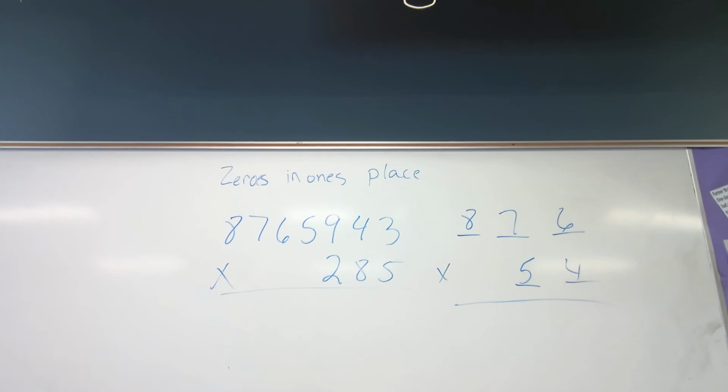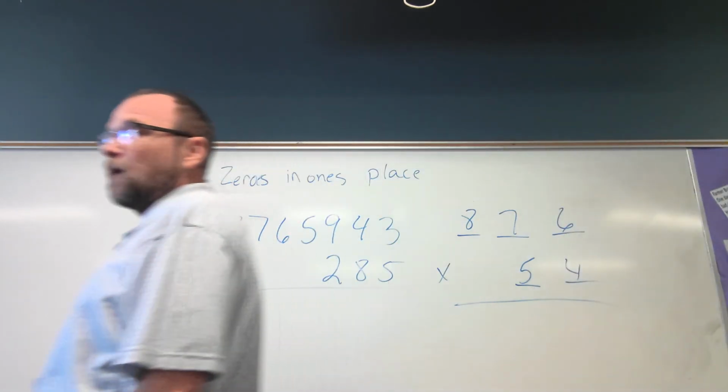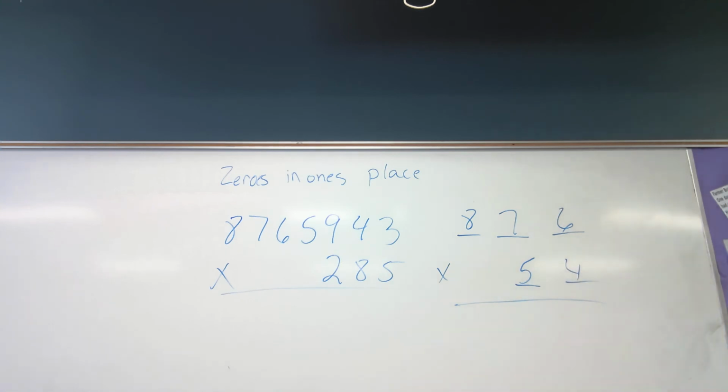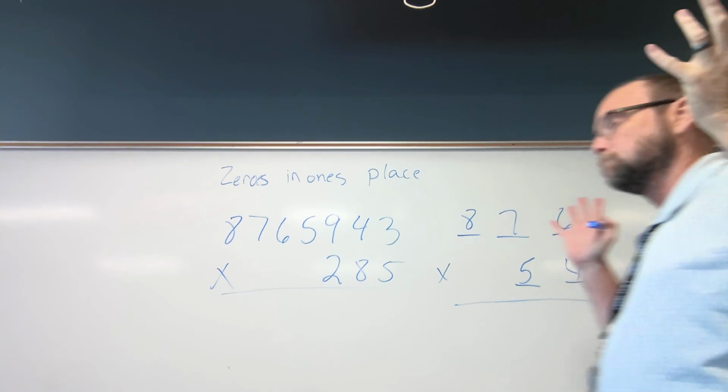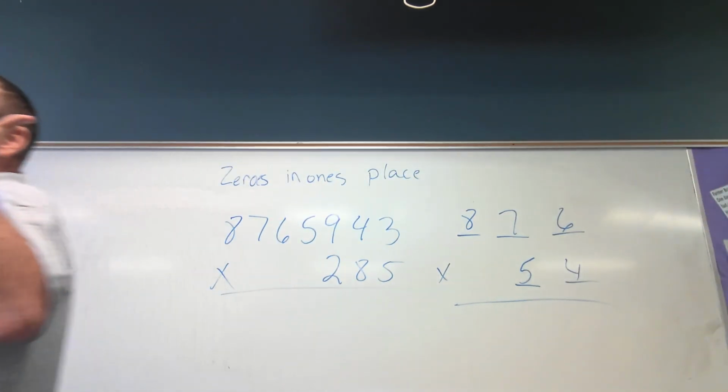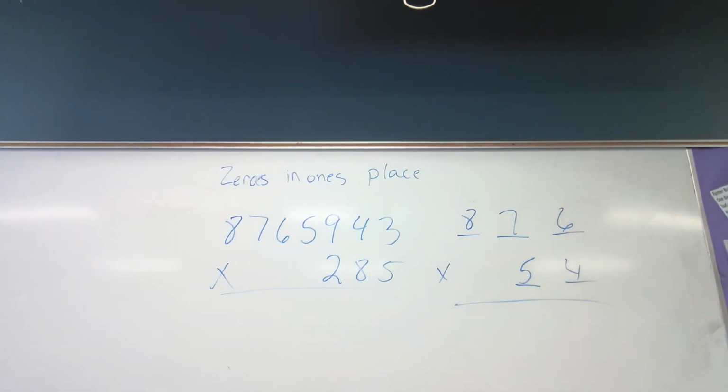All I'm doing is multiplying by 4, and all I'm doing is multiplying by 5. If you can multiply by a 1-digit number, and you know how to add numbers that are less than 10, then nothing in multiplication is going to be difficult for you.